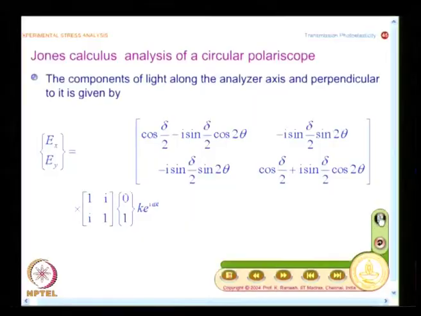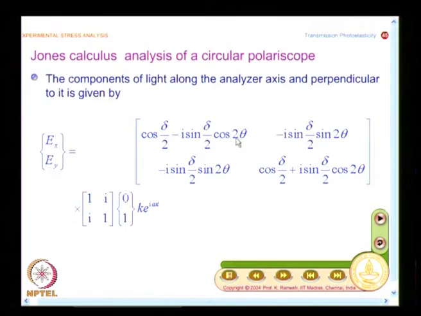So, I have the matrix here, I have this as cos delta by 2 minus i sin delta by 2 cos 2 theta, and for the diagonal term I have to just change the sign, that is all I have to do. Compared to the first term, the diagonal term is simply a change in sign. I have cos delta by 2 plus i sin delta by 2 cos 2 theta. Then I also mentioned these two cross terms are not difficult.